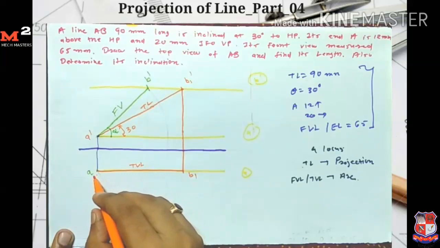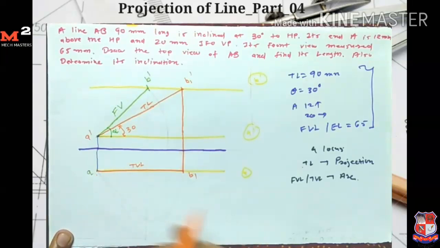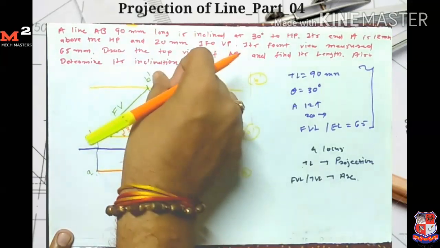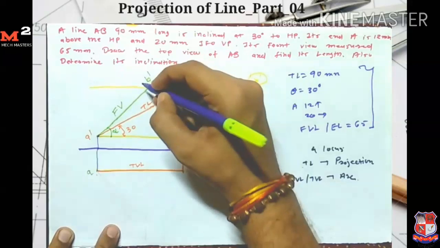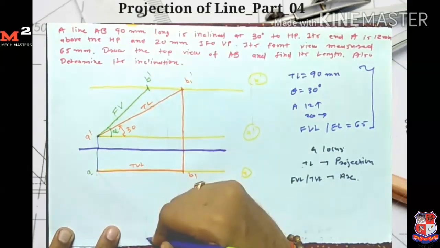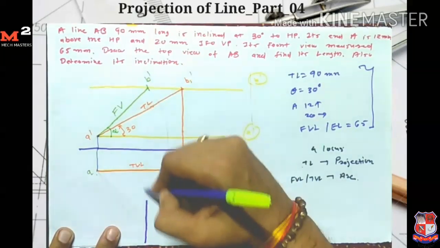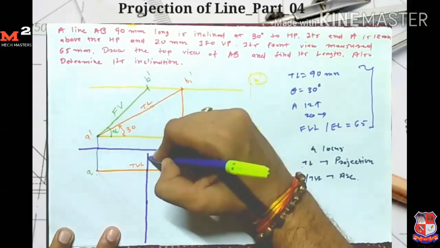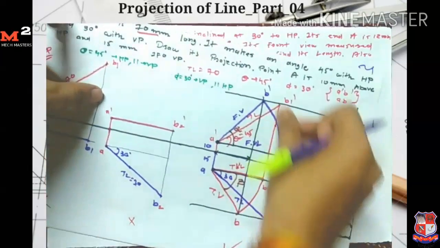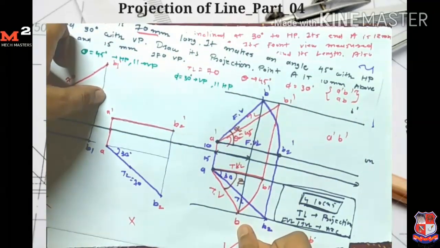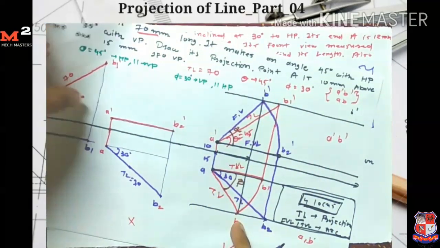But here I have no locus for point B. But we know that the B dash point and B point are on the same vertical line.